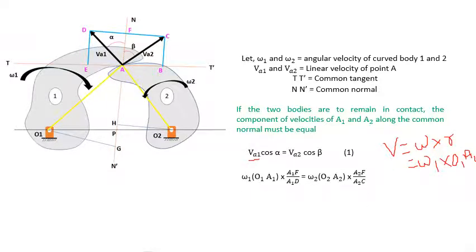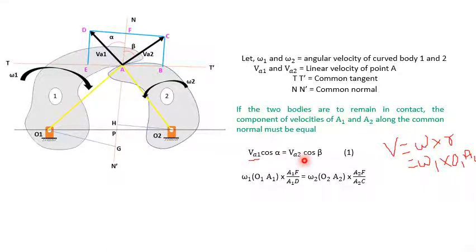Therefore in place of VA1 we write omega 1 into O1A1, and cos alpha. In this triangle, cos alpha is nothing but A1F divided by A1D.